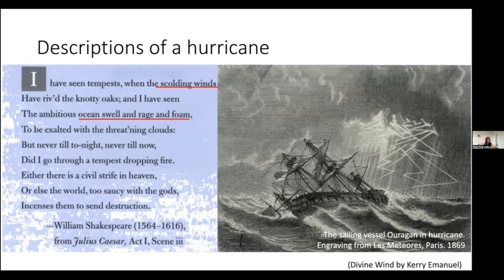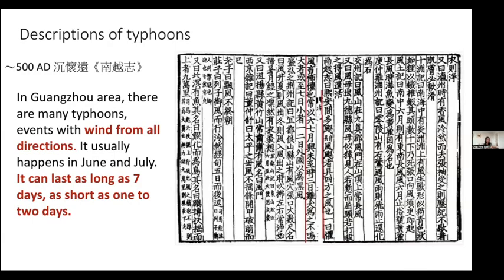We can also find a similar article in old Chinese literature. No one will understand it here, but there's a translation. It's basically found in the Guangzhou area. They're talking about an event with wind from all directions, which usually happens in June and July, and lasts as long as 7 days, as short as 2 days.